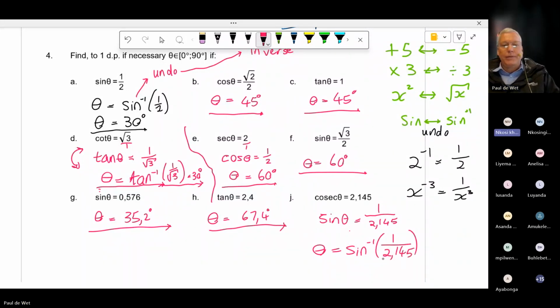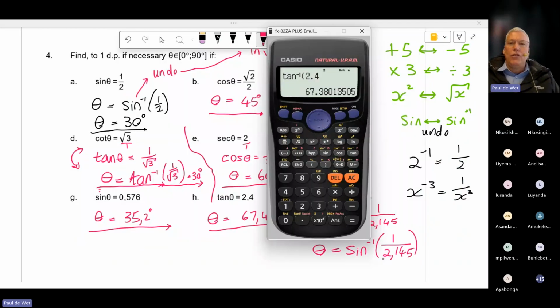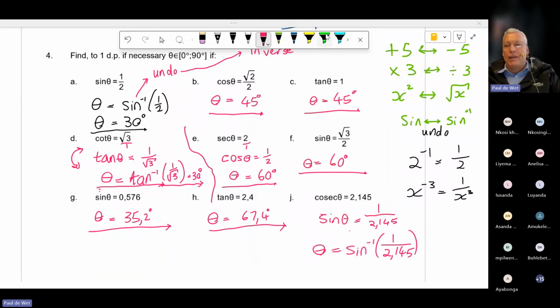Let's have a look. Undo sine, shift sine, 1 over 2,145. Can I just get a show of hands? How many of you have not got a calculator, that you don't own a calculator? Everyone got one? 27,8. Well done. 27,8 degrees.